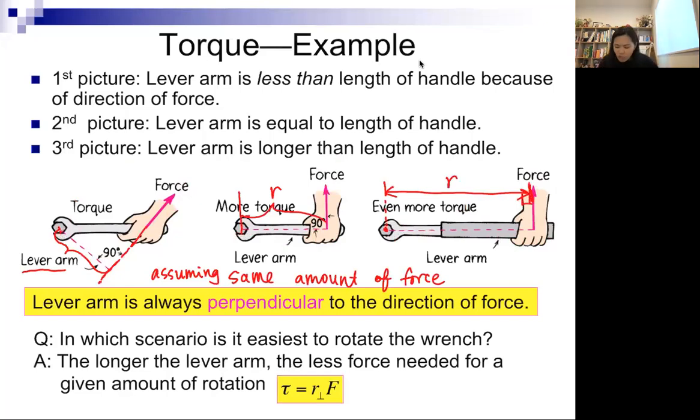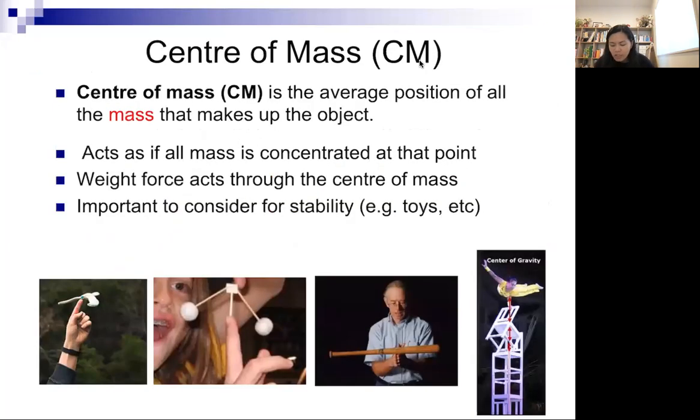And so we will consider what we call center of mass. The center of mass allows us to shrink the extended object into a single point, and that makes analysis simpler because then we're just looking at a single point instead of the whole extended object.